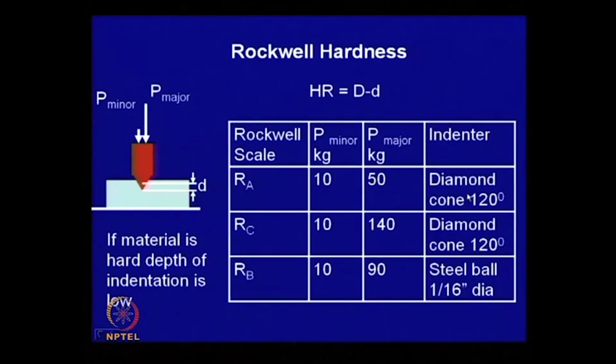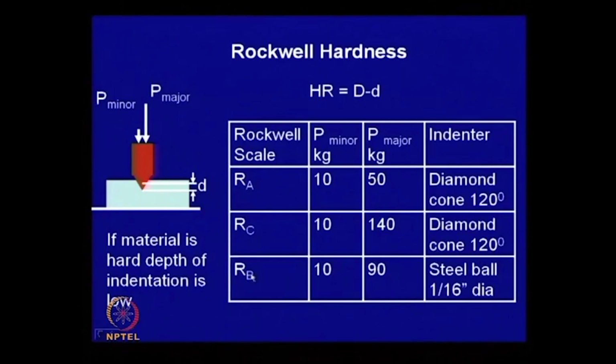load and the indenter, hardness is measured in different scales which are listed here, like Rockwell A, Rockwell C, Rockwell B. Now, out of these, Rockwell C is most commonly used for hardened steels, and here the minor load is 10 kg, major load is 140 kg, and the indenter is a diamond cone indenter with apex angle 120 degree.